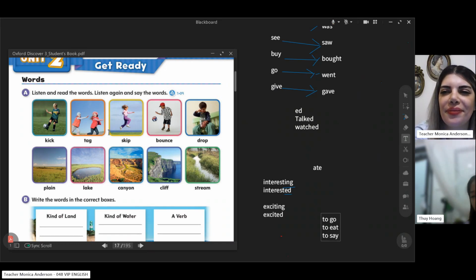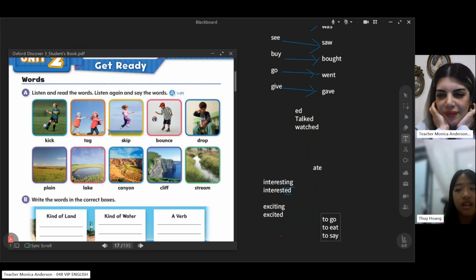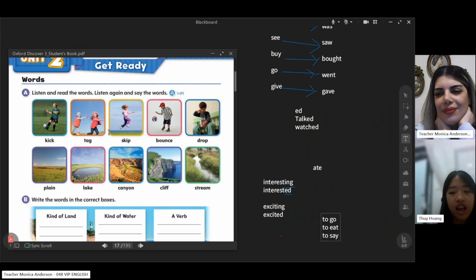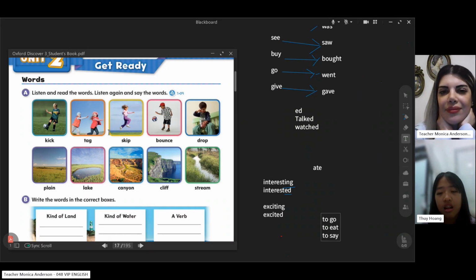Tag is the game where one person has to catch everybody, and everybody has to run.